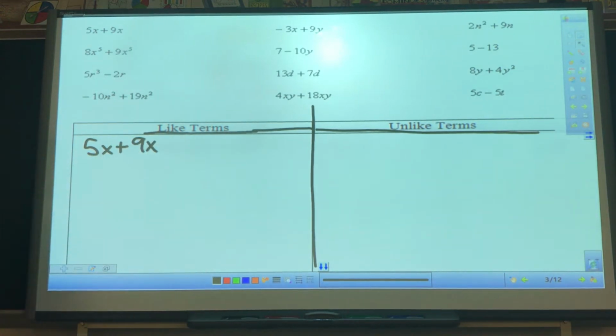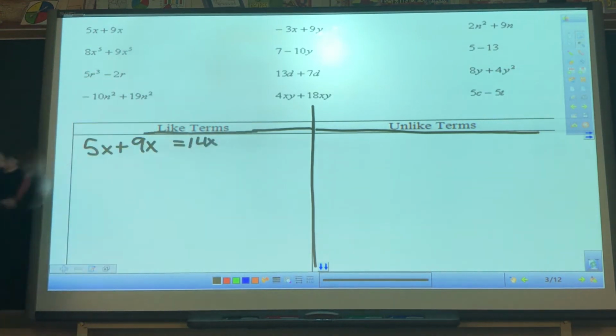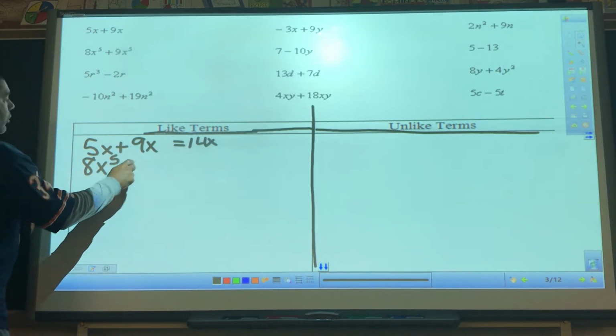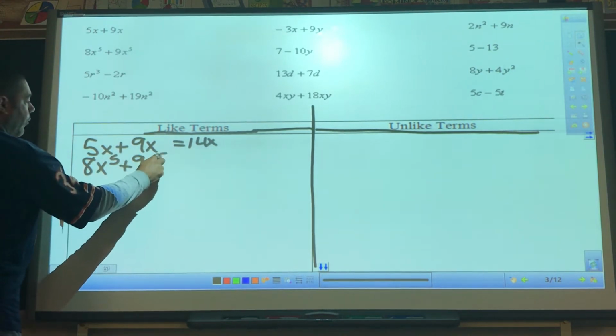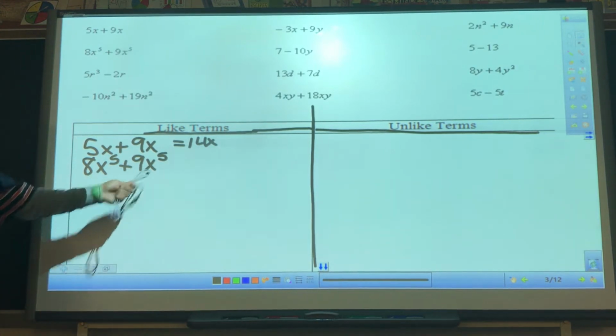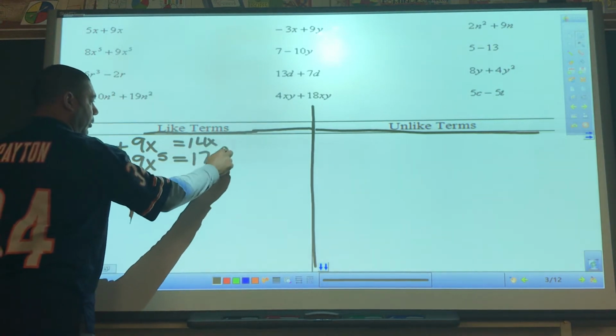I can add these together and make it 14x. The next one here, 8x to the 5th power plus 9x to the 5th power. Those are like terms. Since they both have an x to the 5th, I can add those together. It would be 17x to the 5th.